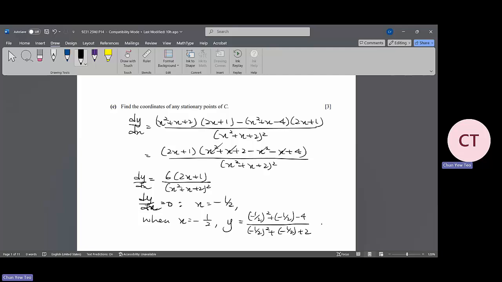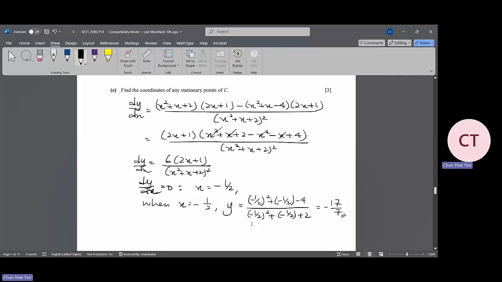Press the calculator and you will get negative 17 over 7. So your stationary point is negative half and negative 17 over 7.